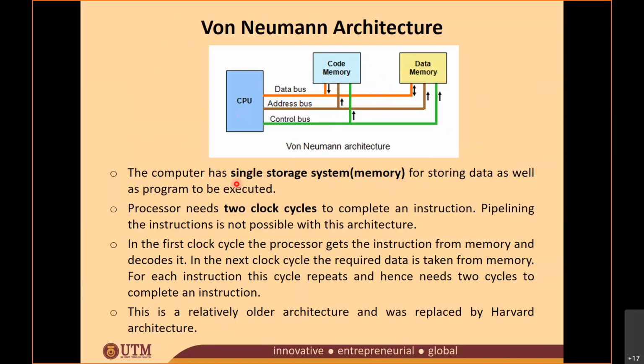So this processor needs 2 clock cycles to complete an instruction. For example, previously the ADD instruction could be done in 1 clock cycle, but using the von Neumann architecture, you require 2 clock cycles, because you share the same buses.